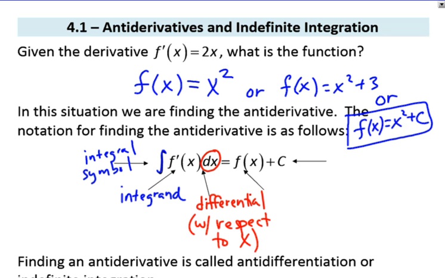Then when you find that integral, if I take the integral of a derivative, then those pretty much cancel out. So the function itself would be called the antiderivative. And then the plus c is called our constant, but we make it more specific by calling it the constant of integration.